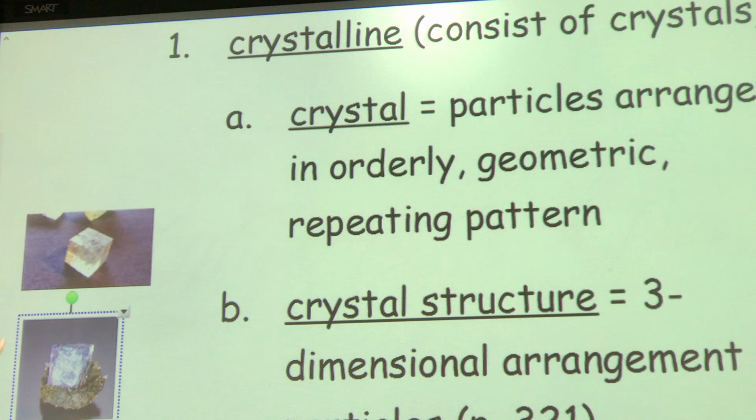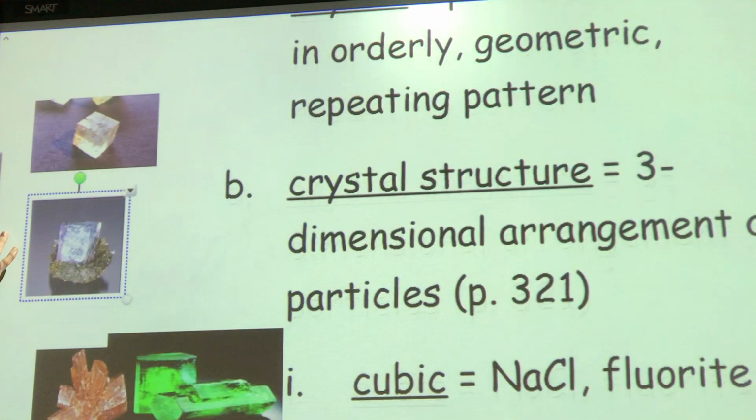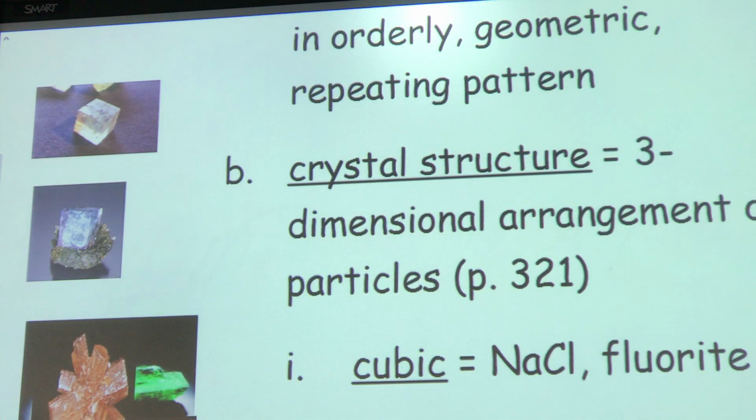Alrighty. Okay, another crystalline structure is a hexagonal crystalline structure. Hexagonal just means it's a prism that's based on a hexagon, which is a six-sided figure.